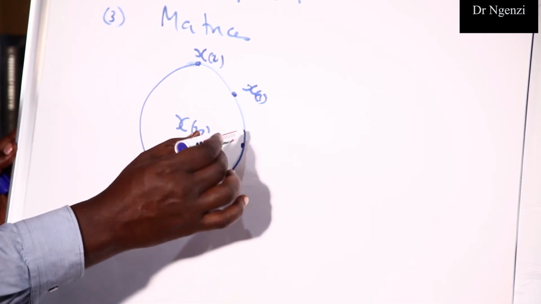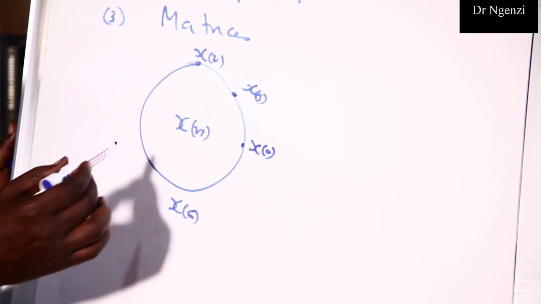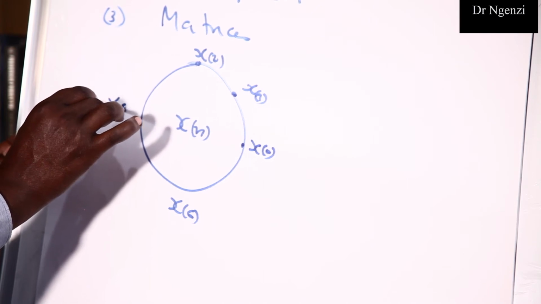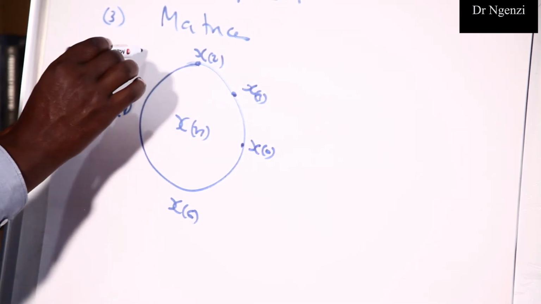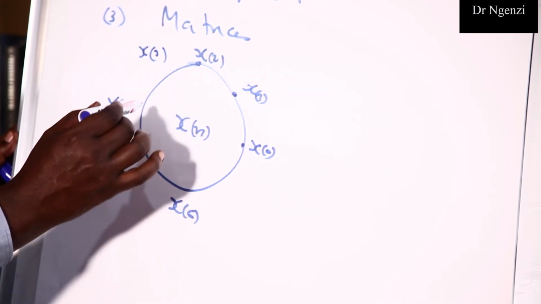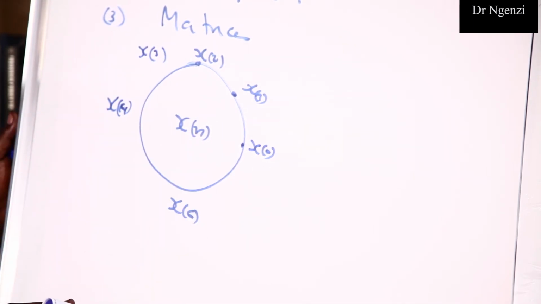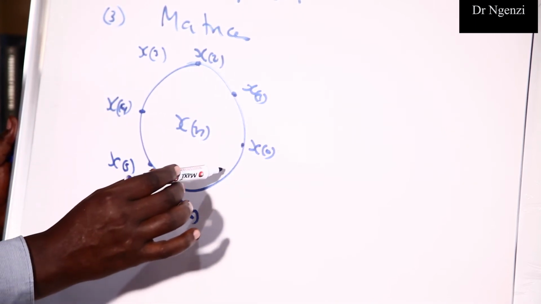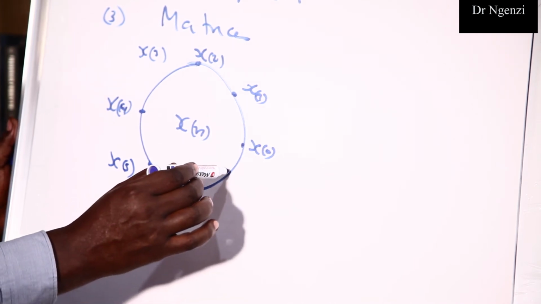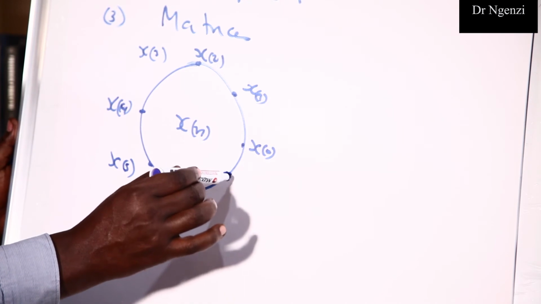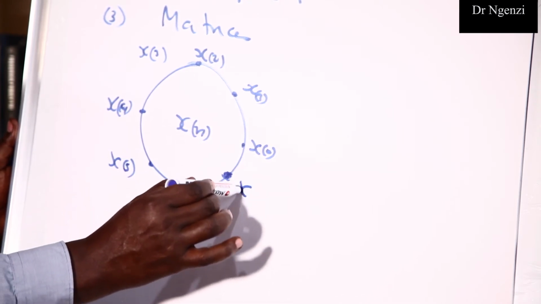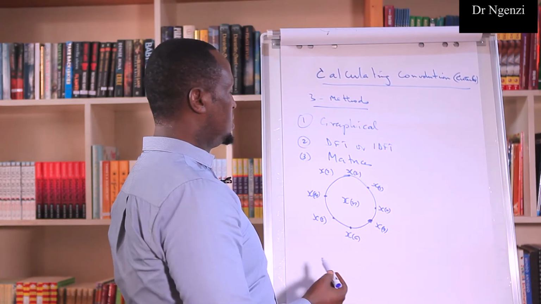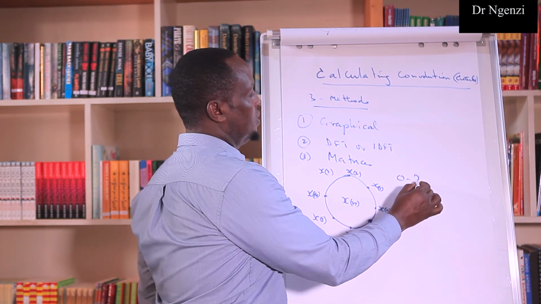From the point of origin, this is going to be the symmetric value, that's x of 4, and then this is x of 3, and the other one is going to be x of 5. This point is going to be x of 7. So you have, for example, 8 values from 0 to 7.